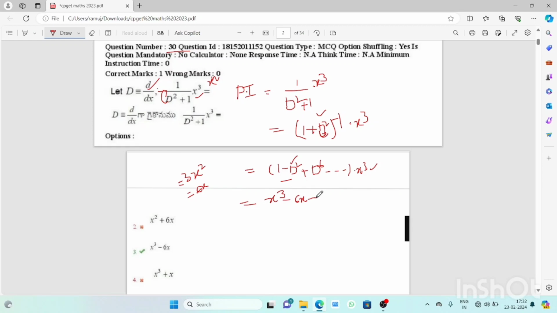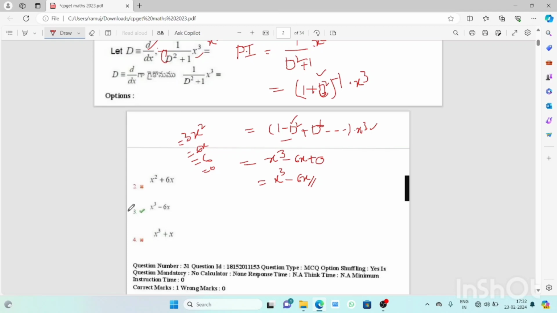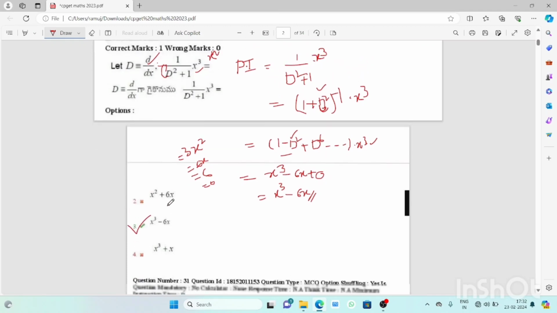After that, if you differentiate more, it clearly goes to 0, because if you differentiate 3 times you will get 6, and if you differentiate 4 times it goes to 0, and after that 6 times also it goes to 0. So we will get the particular integral value x cube minus 6x. So this is the correct option for the given differential equation.